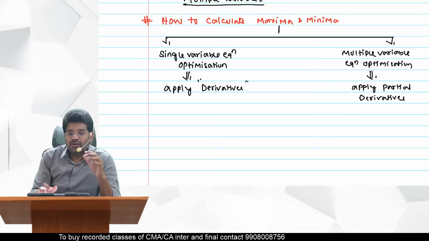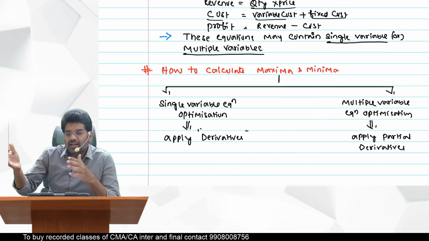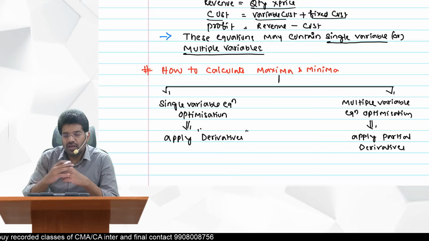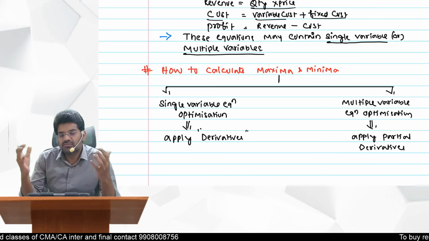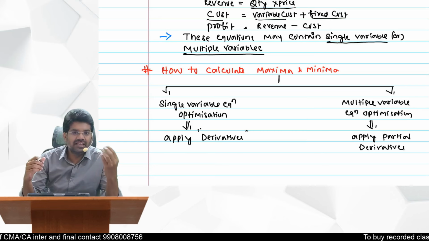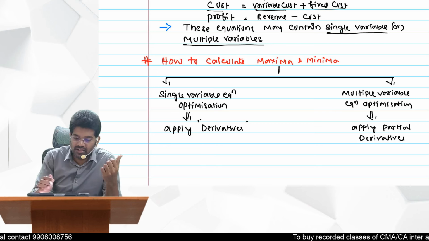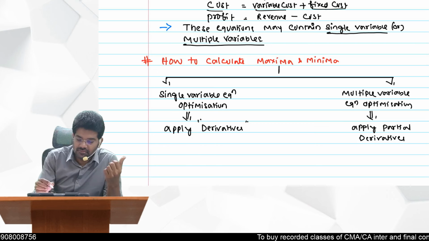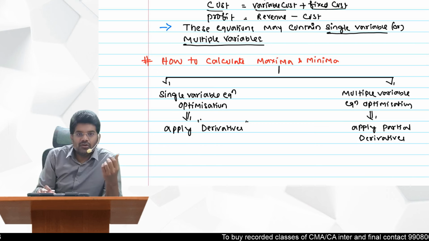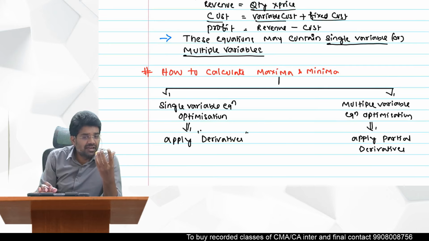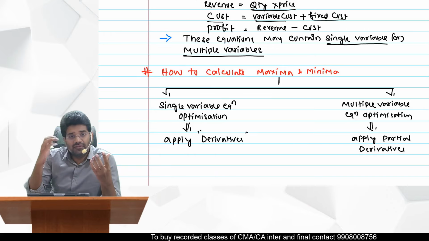So now if you want to calculate the maximum or minimum points here, there are two possibilities again. You might have single variable or you might have multiple variables also. That is what I have written here. In your equation, you might have single variable or you might have multiple variables.